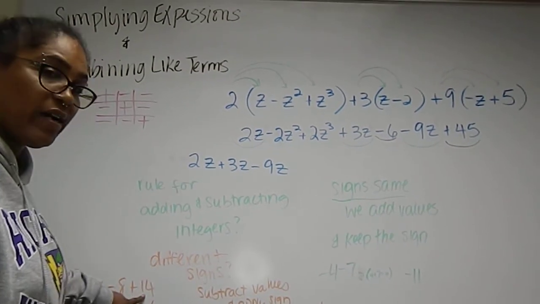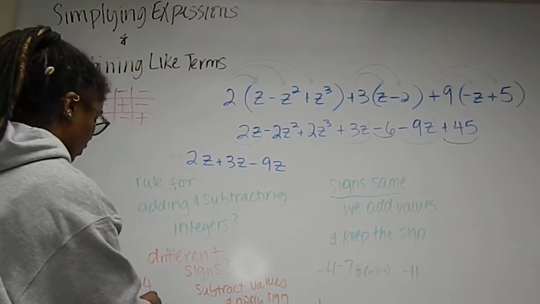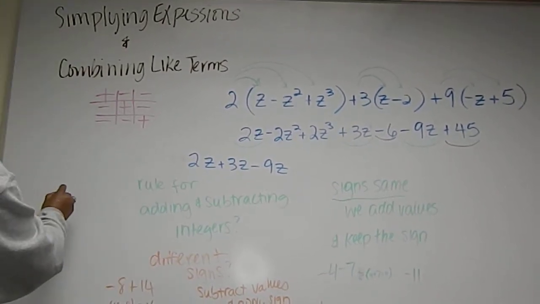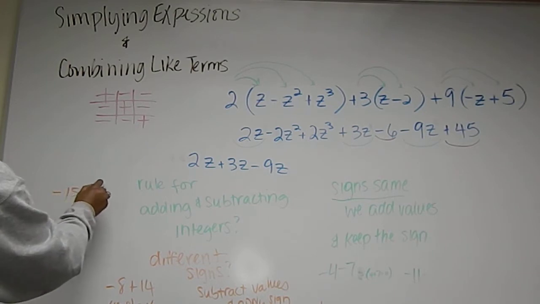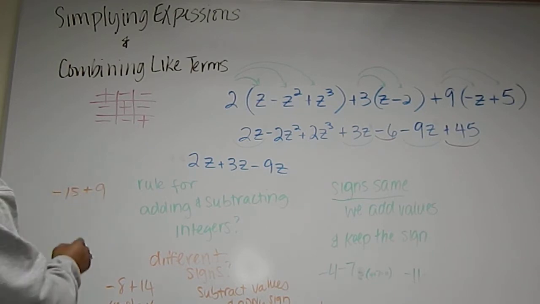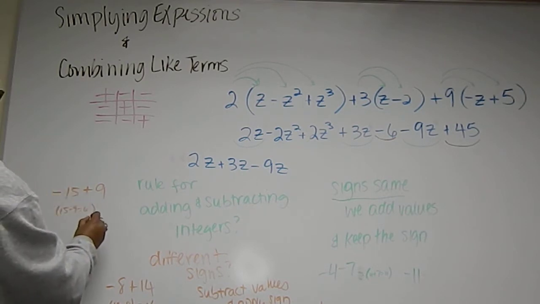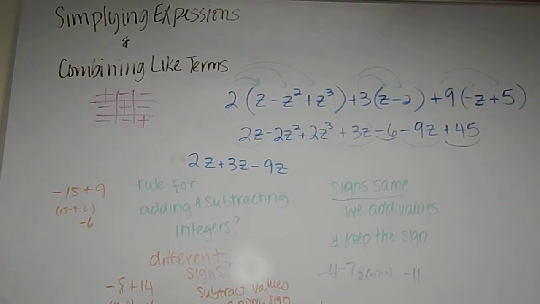Since 14 is positive, that means our answer is positive. Yes, that means that if we had negative 15 plus 9, we would still subtract our values. And because 15 is bigger, then the 6 is negative. Okay? So those are your rules.